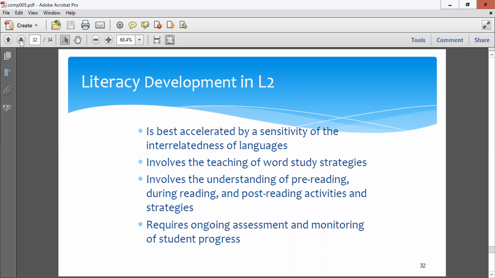Literacy development in the second language is obviously best accelerated by making the connection to the first language. It involves teaching strategies. It involves understanding how to utilize those strategies both before, during, and after reading. And it certainly involves comprehension checks and ongoing assessment and monitoring. And the students have to learn to self-monitor as they're reading.